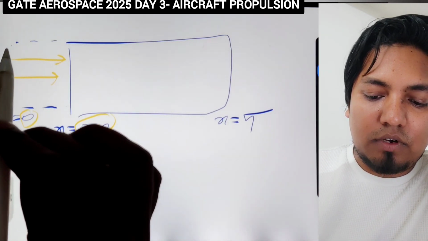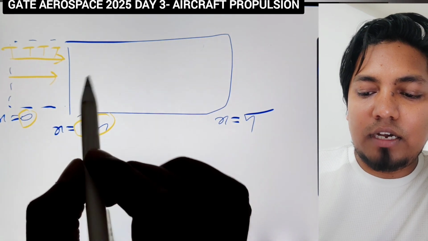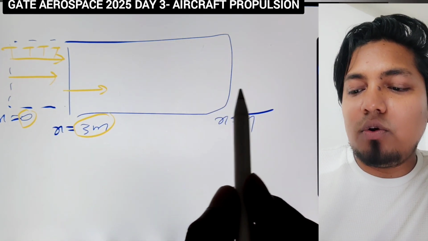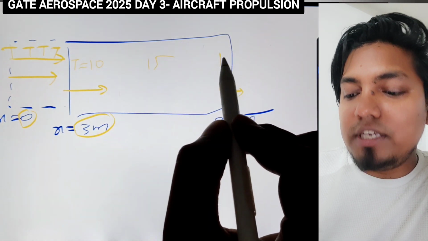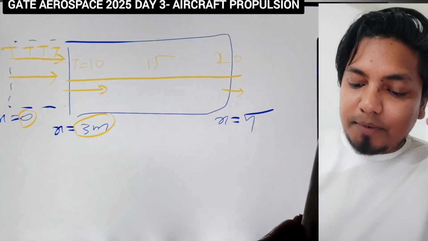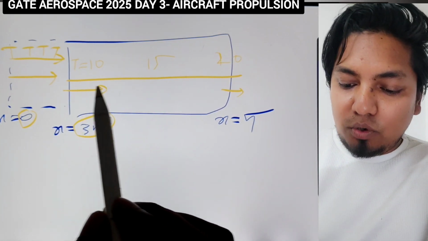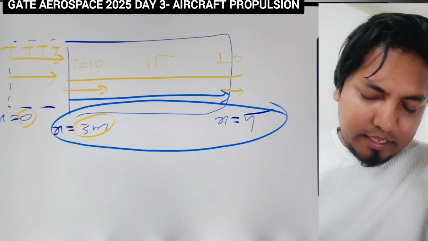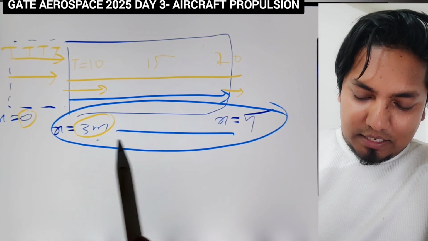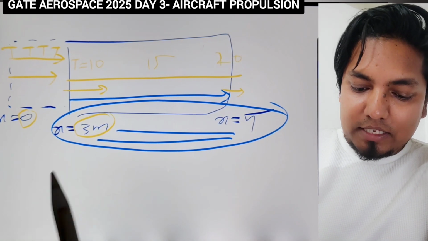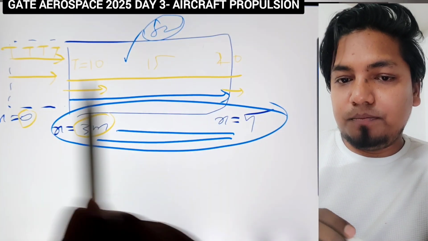So temperature here was T equal to 10, here 15, and here 20. So you found that temperature is not constant here. If temperature is not constant with respect to distance, path, location, coordinates, then you will say temperature gradient is present. Same example you can say for density, pressure, and other properties also.